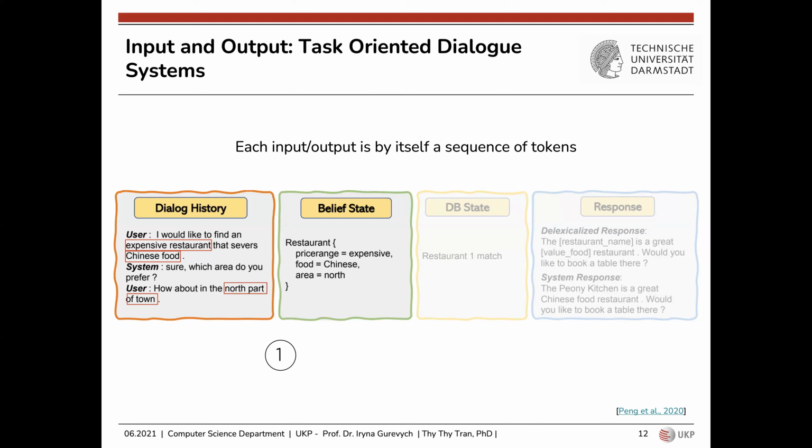Gathering intents and slot values of the entire dialogue history, we get the belief state. This is the first step of the end-to-end task-oriented dialogue model. The input is the dialogue history, previous belief state, and the current user input. The output is the updated belief state.